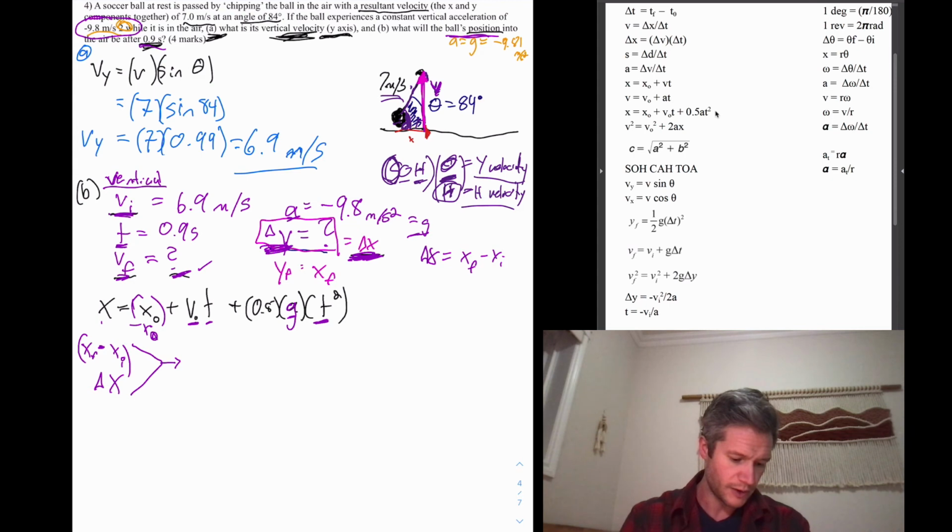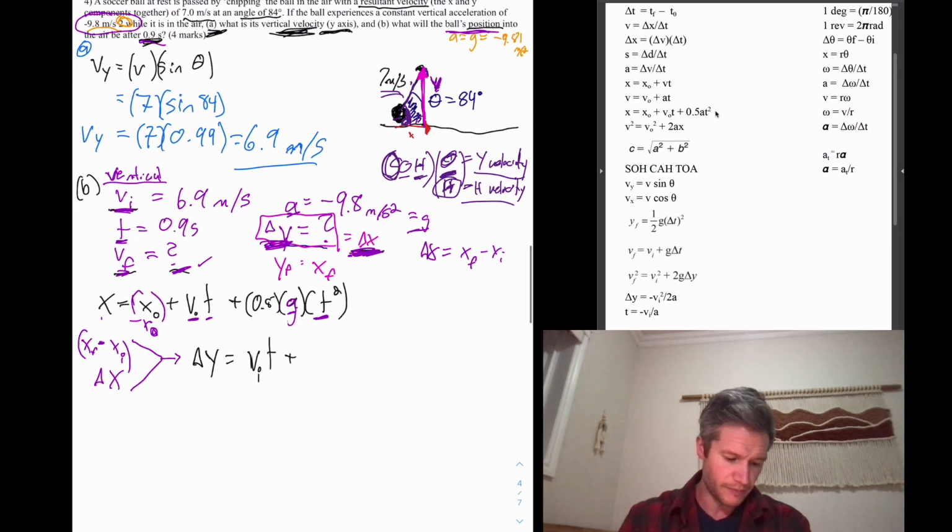So we have delta y equals v naught times time, so that's the initial velocity times t, plus 0.5 times gravity. We changed acceleration to be gravity, times time squared.